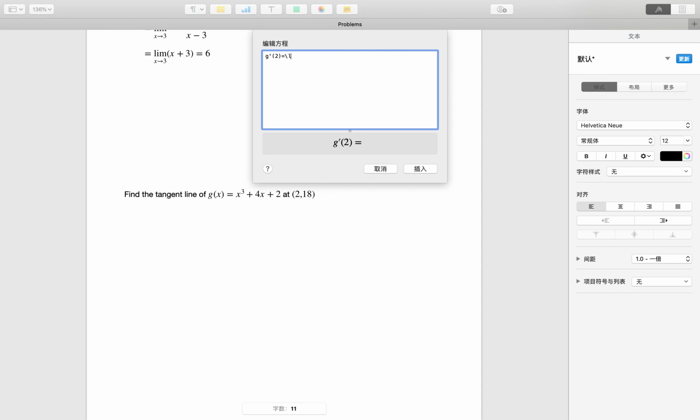And now we use the other definition of derivatives. So the limit as h approaches 0 of g of 2 plus h minus g of 2 over h.